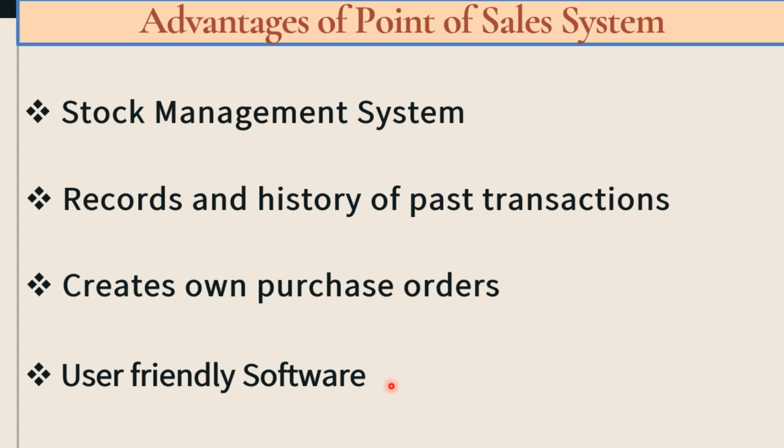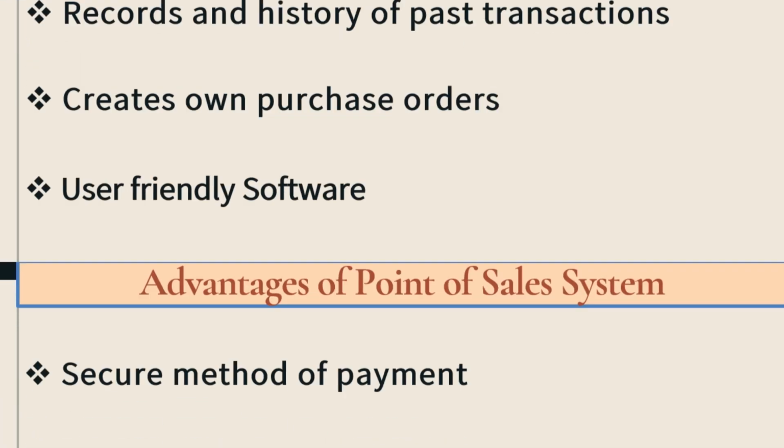Why? Because that is user friendly software, which means anybody can understand the functioning and use of the software. In the same way, point of sale system is also user friendly software.